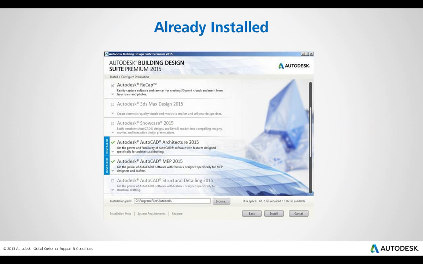In this case, it's showing AutoCAD Architecture 2015 and AutoCAD MEP 2015 are already installed, but they aren't actually. You can go to the Start button, All Programs, Autodesk. It doesn't show AutoCAD Architecture 2015 or AutoCAD MEP 2015 there. There are still remnants somewhere from the previous install that are making the installer think it's already installed.